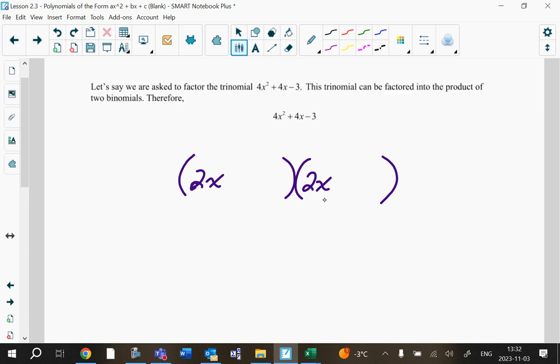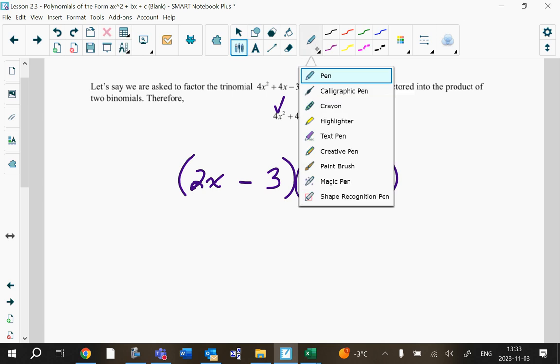Okay, give me two numbers that multiply to get -3. -3 and +1. Okay, so I know that this works. But here's where I have to rainbow it to see if the middle works. And yes, I'm going back to it.